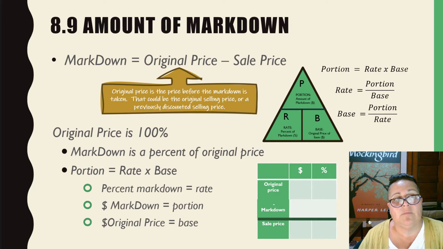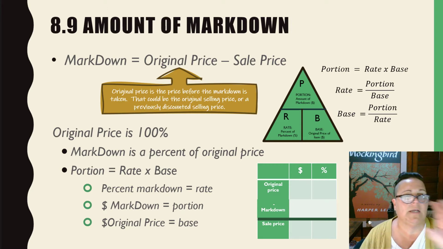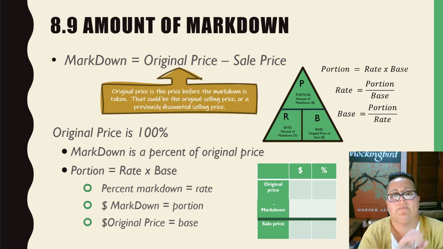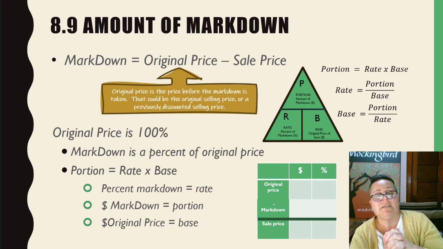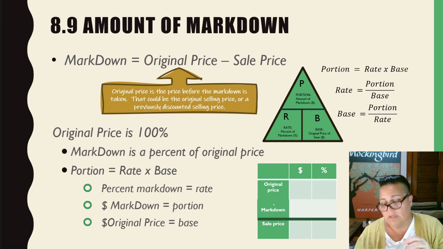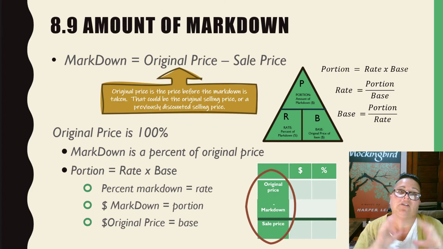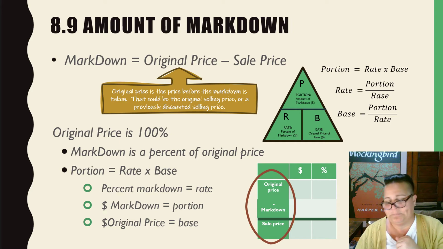So our selling price is the original price minus the markdown. It's a variation on the very first equation that I gave you here. Markdown is the original price minus sale price. I've just swapped the spots of markdown and sale price, so that the original price minus the markdown is the sale price. And this is our second sort of overreaching equation that we use in this section, right?